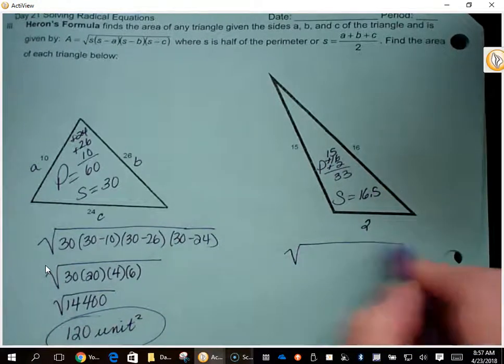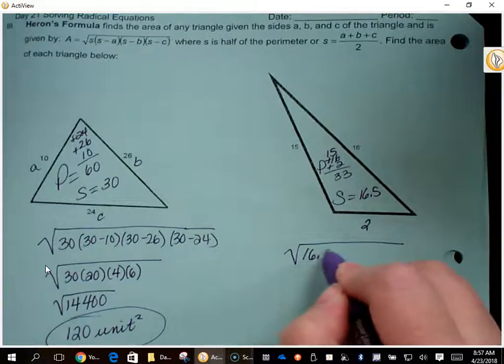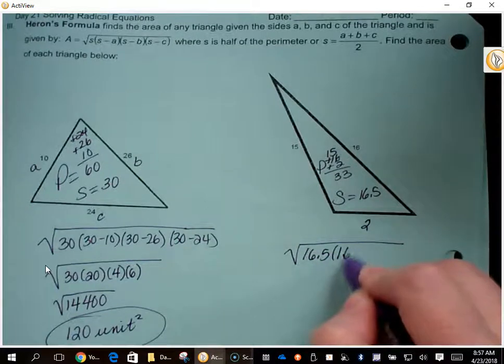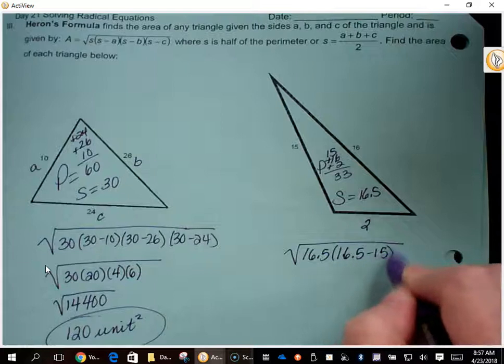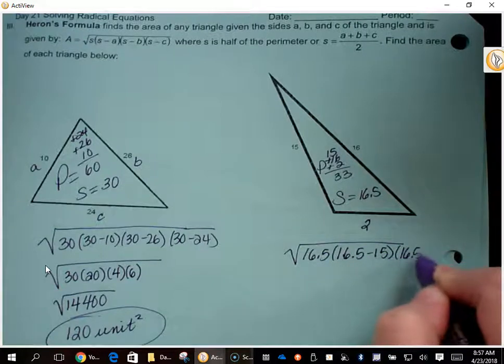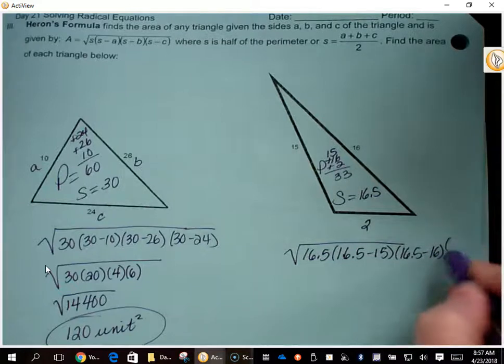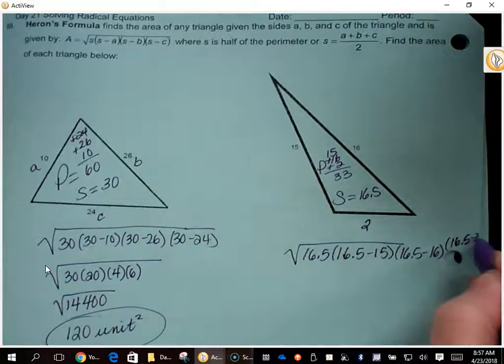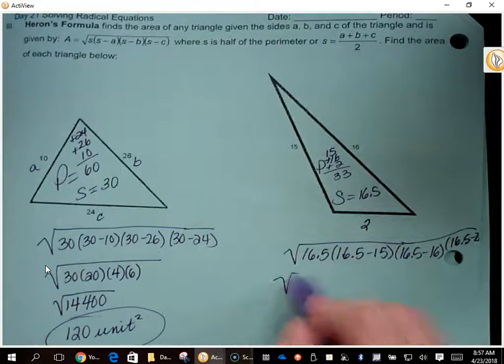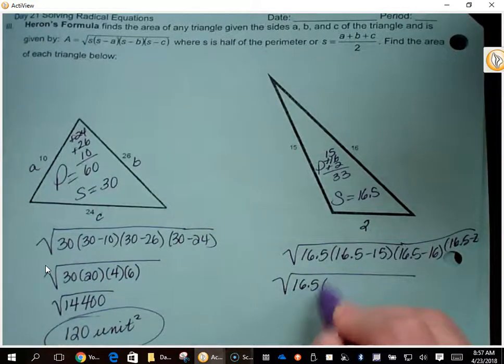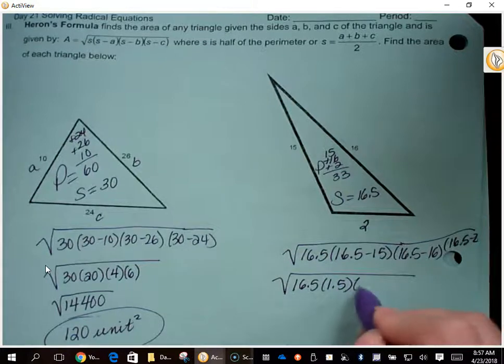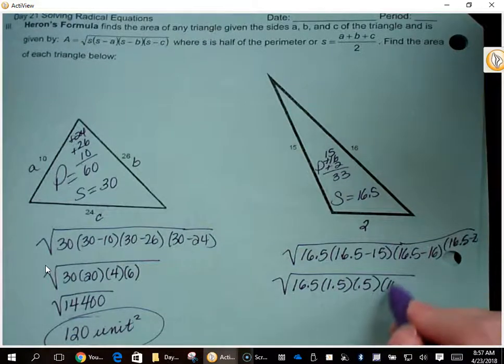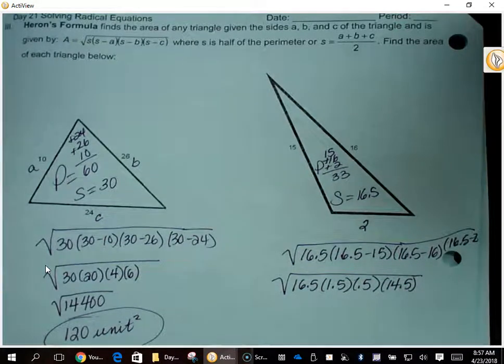So we do our formula. So we've got 16.5 times (16.5 minus 15) times (16.5 minus 16) times (16.5 minus 2). So we have 16.5 times 1.5 times 0.5 times 14.5. Multiply that together. I don't know the 0.5 stuff in my head. You might, but I don't.